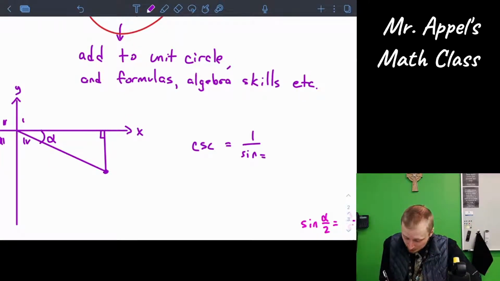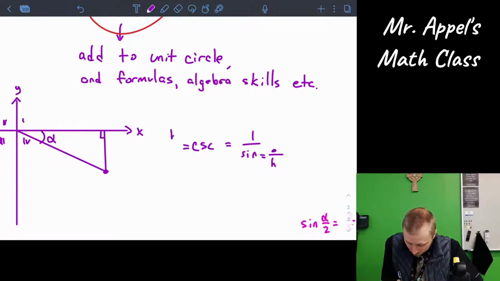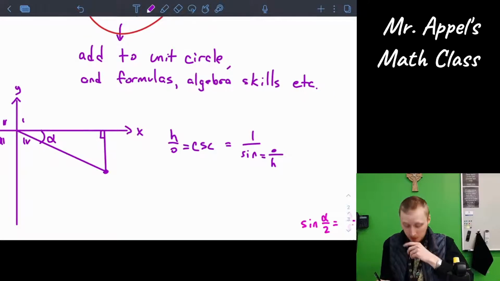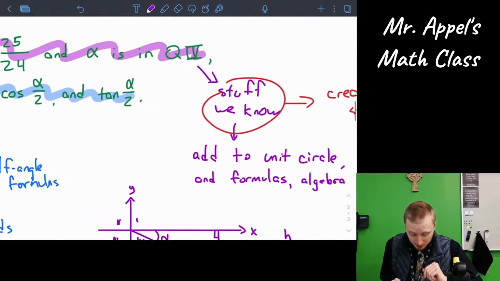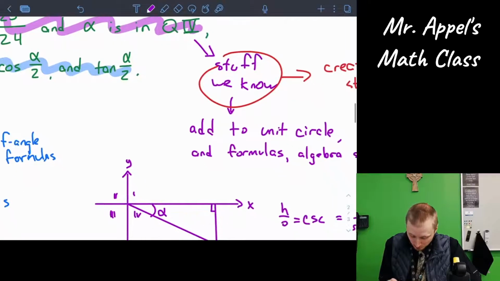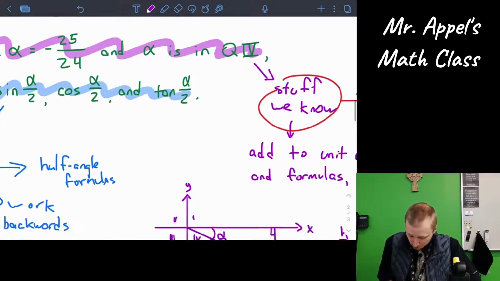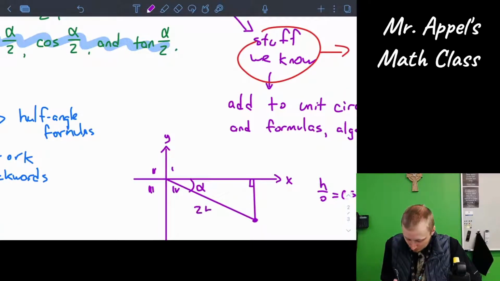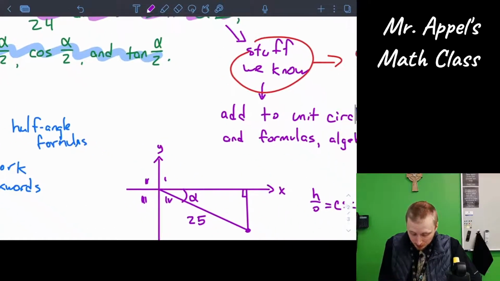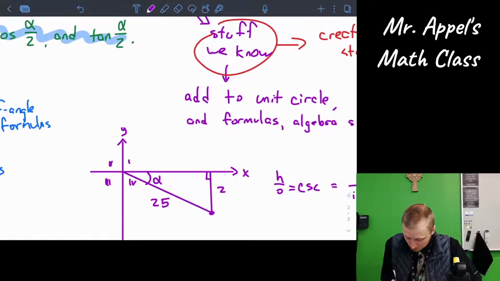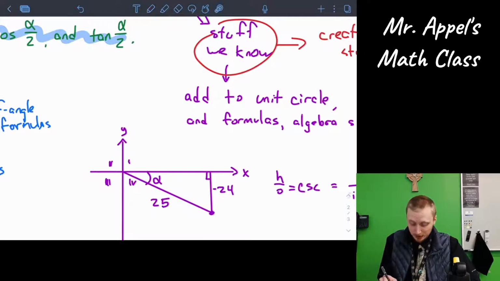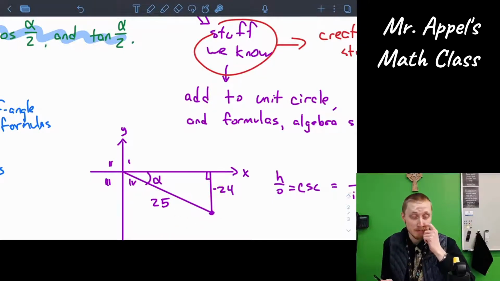I know that sine is SOHCAHTOA opposite over hypotenuse. So that means this is the reverse of that. This is hypotenuse over opposite. And so remember that was negative 25 over 24. So hypotenuse is up top, that's 25. And the opposite is 24. The fraction has to be negative. One of these needs to be negative. It should be this one because we're landing in quadrant 4, so that checks out.